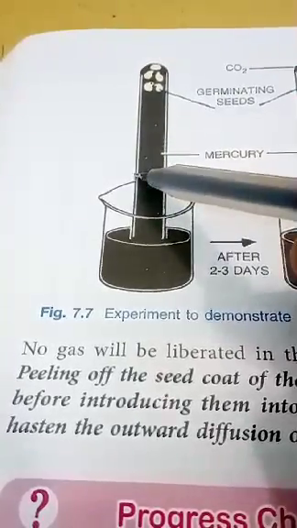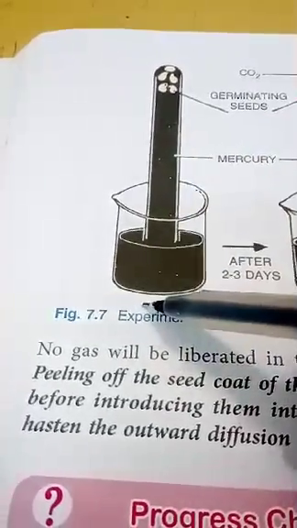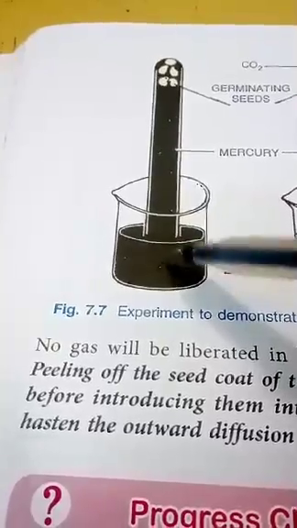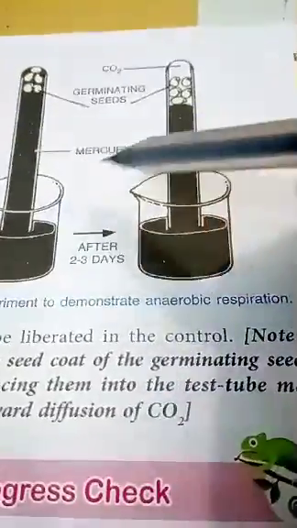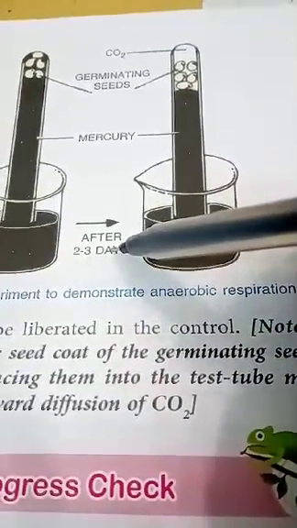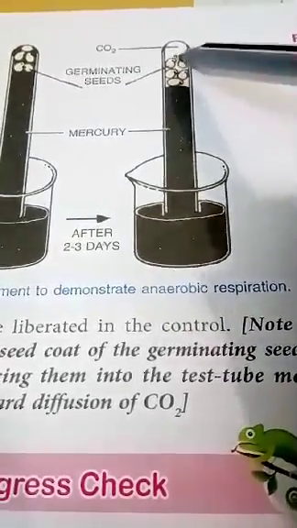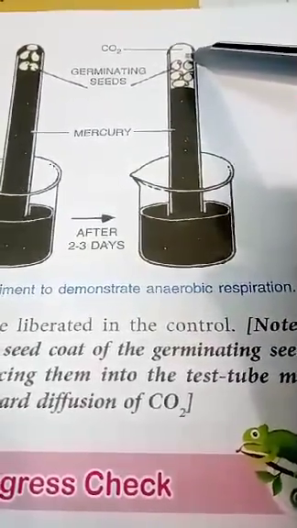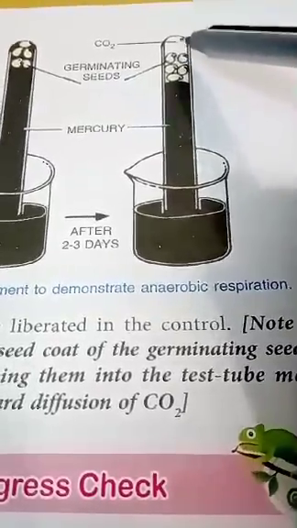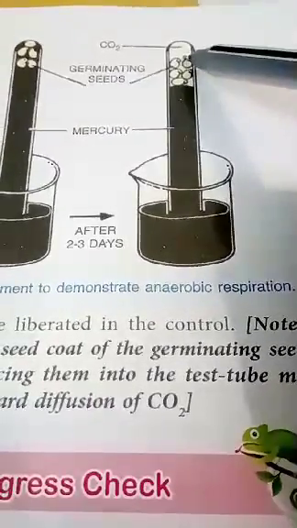Then we invert it in this beaker containing mercury. After 2 to 3 days of experimentation, we find that there is a gap created at this portion of the flask, and there is an accumulation of a gas here.